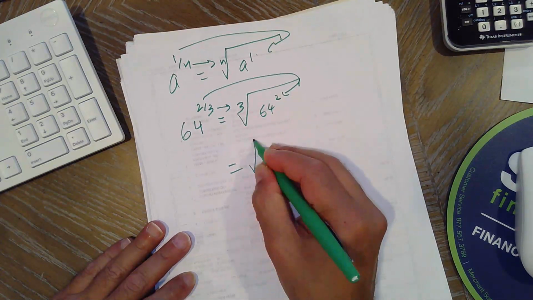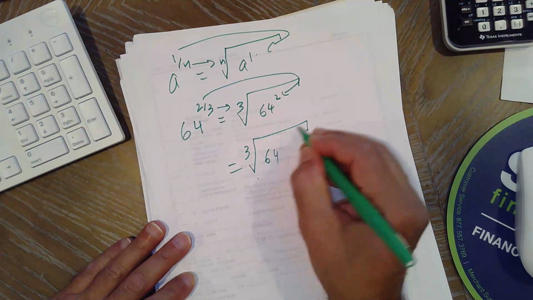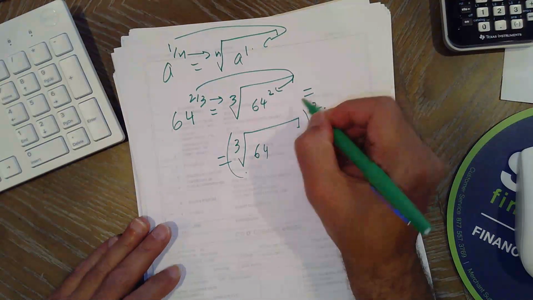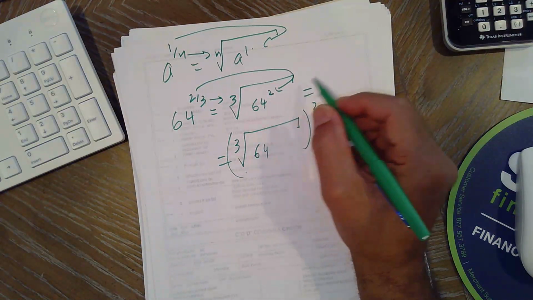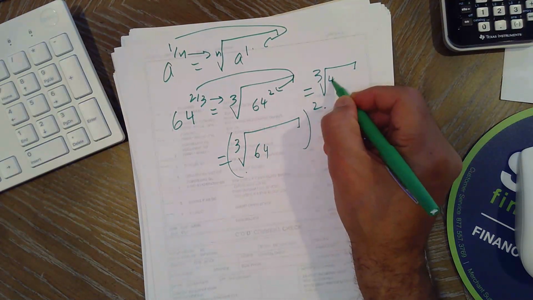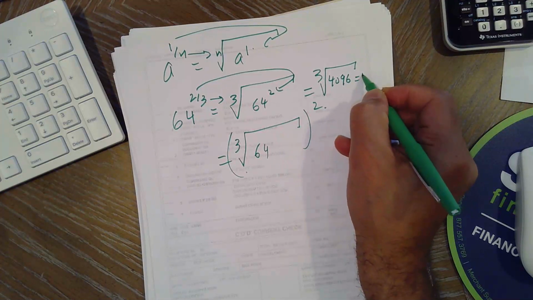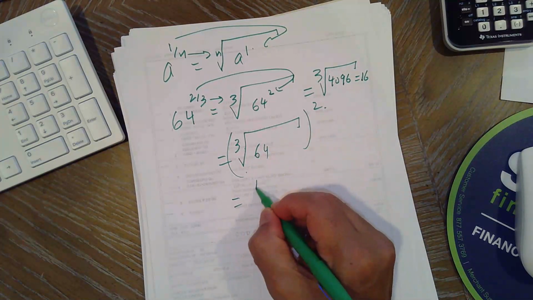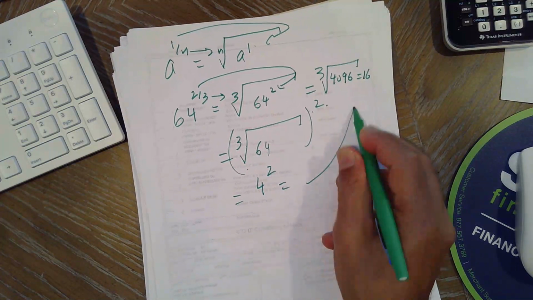Or you could write cube root of 64, you can put the power inside or put it outside and it would still be the same answer. Look, cube root of 64 squared is cube root of 4096, which is 16. And cube root of 64 is 4. 4 squared is also 16.